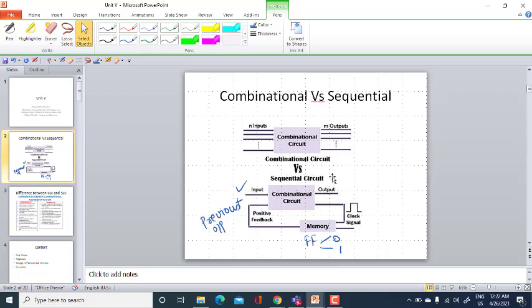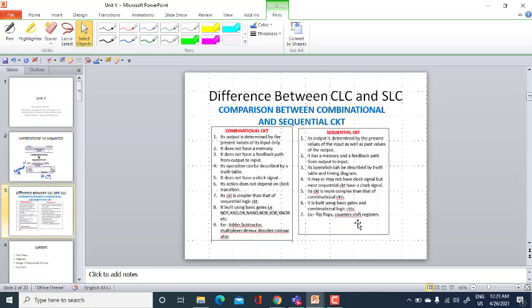All the operation of the sequential circuit will be synchronized with respect to the clock. The combination logic circuit is very simple because you don't have a feedback path, right? And it can be built by using the basic logic gates. For example, you have read about adder, subtractor, multiplexer, demultiplexer, decoder, and comparator.